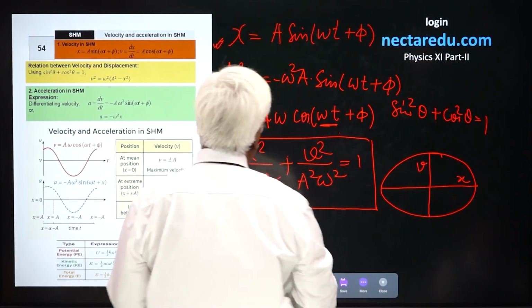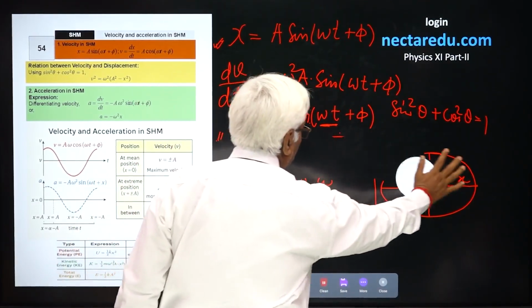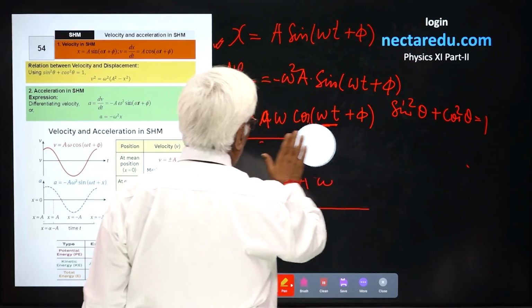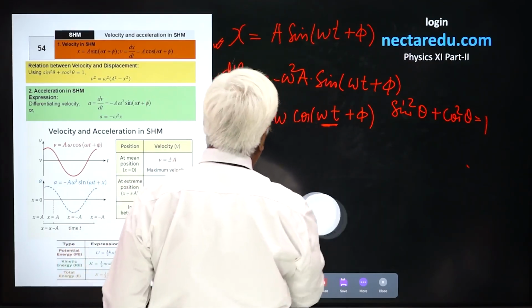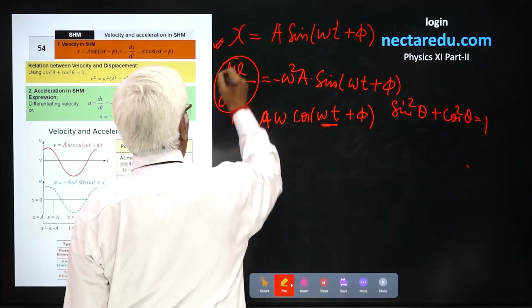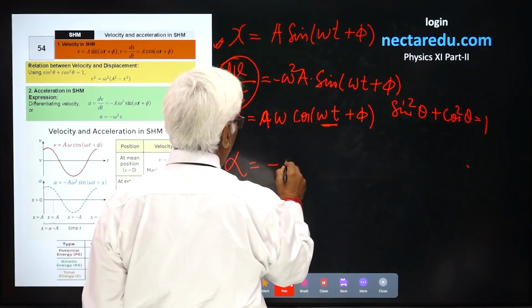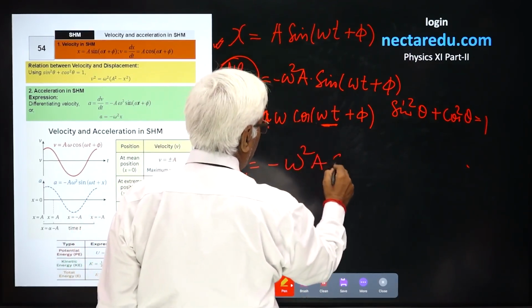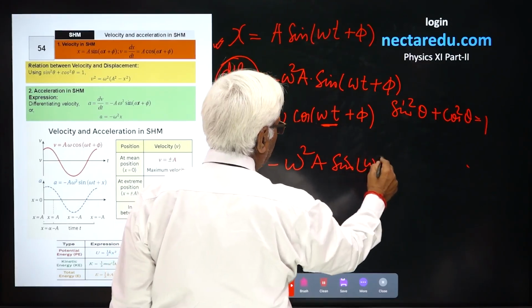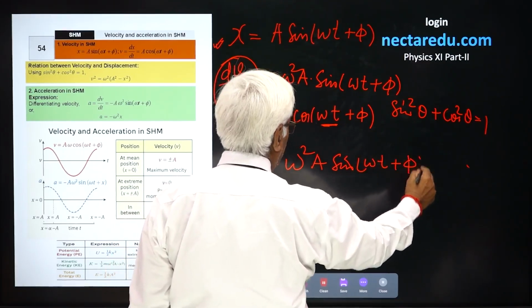You see, this is the acceleration. You are seeing on the board the equations for displacement, velocity and acceleration. This I would write as acceleration proportional to minus omega squared A sine(omega t plus phi).